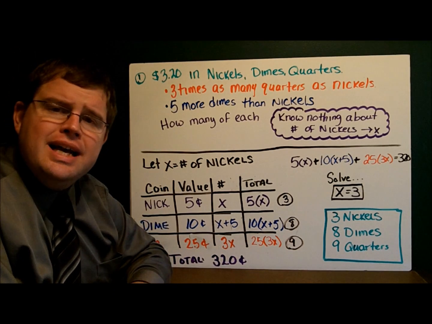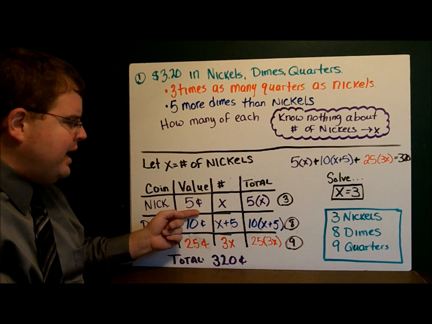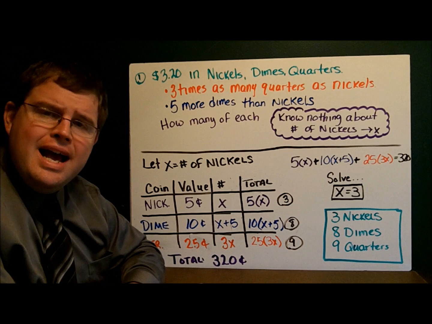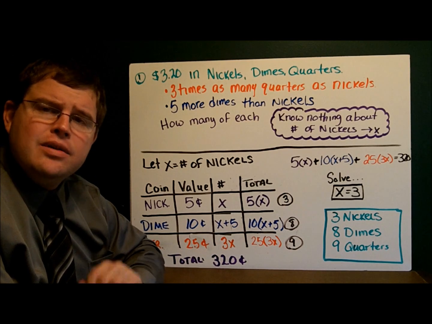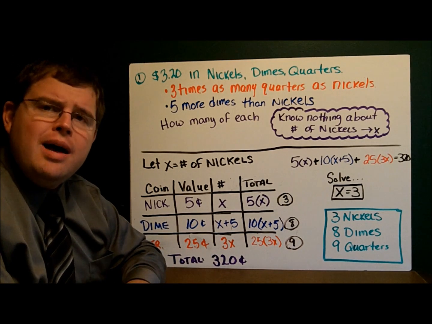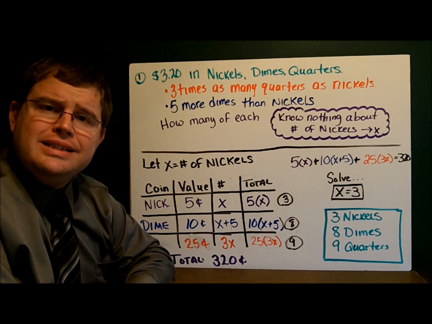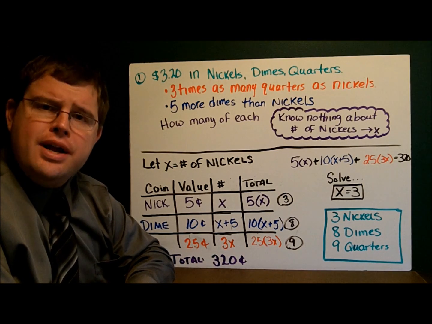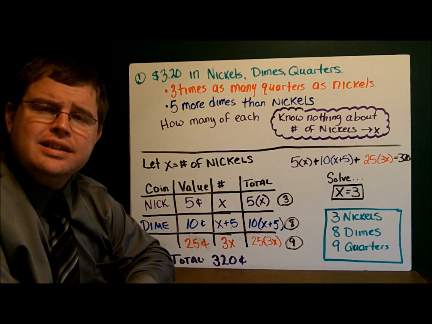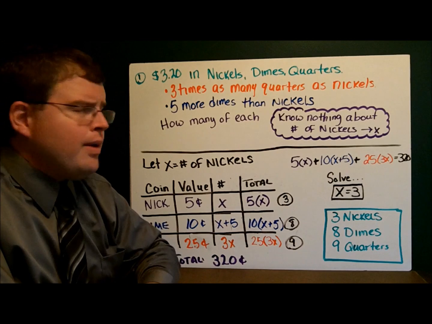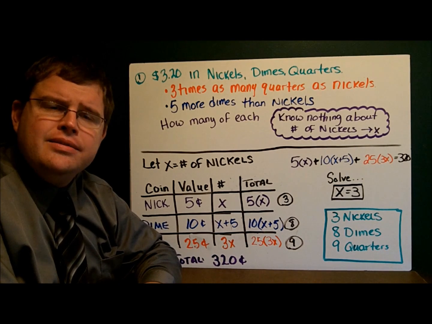So what I do is this. Notice when I did my nickels, dimes, and quarters, I said 5, 10, 25 cents with no decimals. I'm also not going to use a decimal here. $3.20 is the same as 320 cents. So instead of writing 3.20, I'm simply going to write 320.